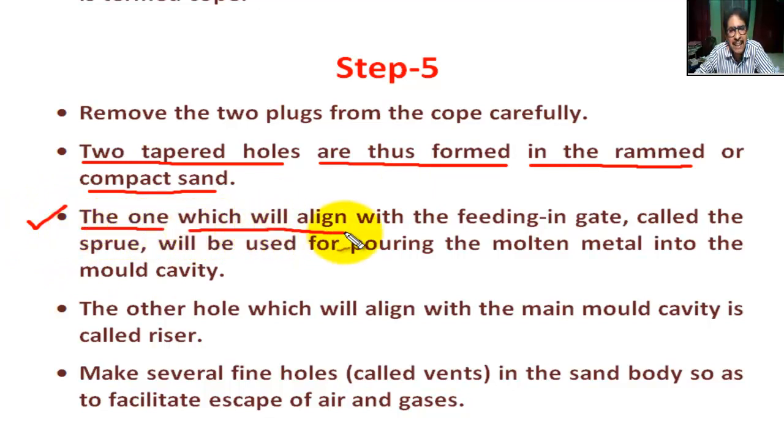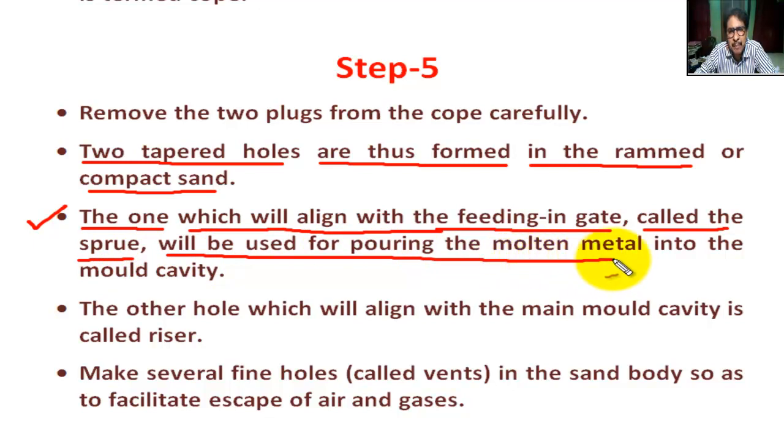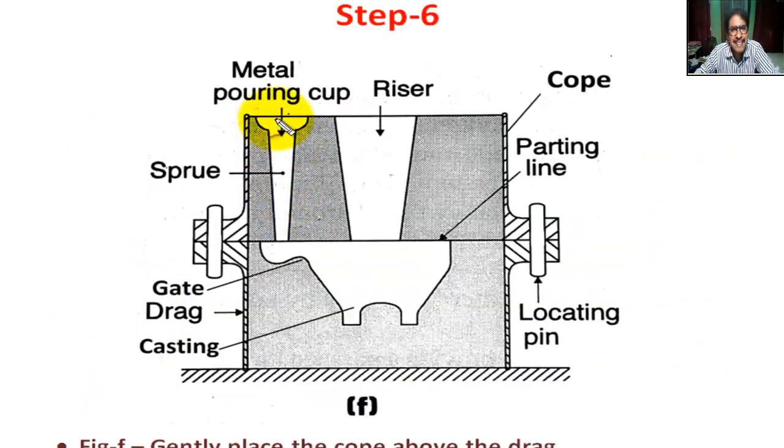The one which will align with the feeding gate is called the sprue, and it will be used for pouring the molten metal into the mold cavity.